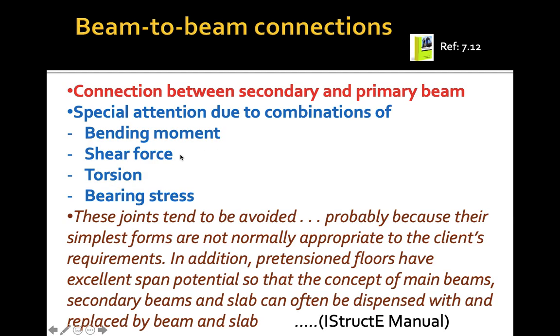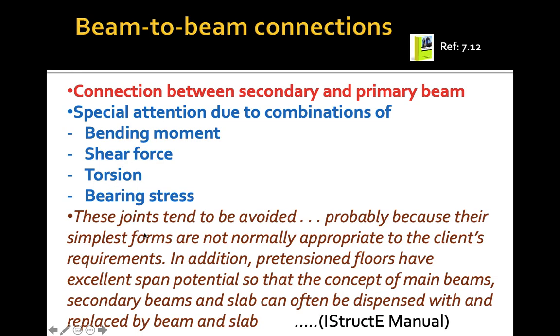As for this one, we are moving on to the beam to beam connections, which is the connection between secondary and primary beam. We have special attention due to combinations of bending moment, shear forces, torsion, and also bearing stresses.